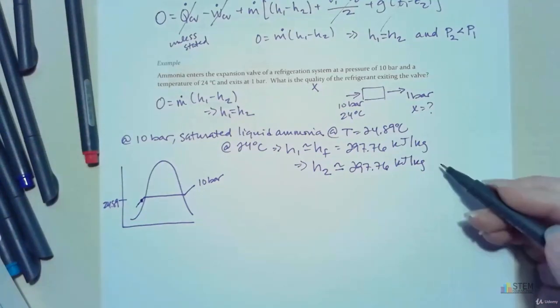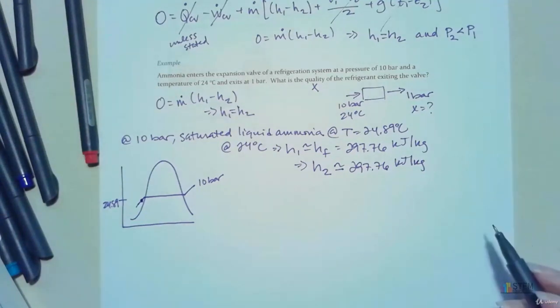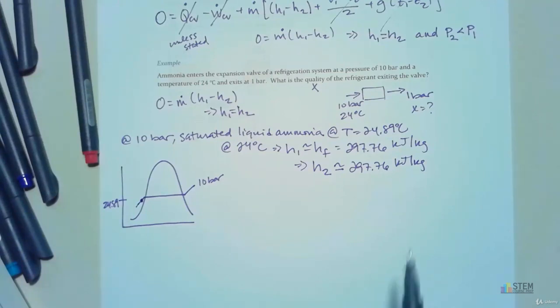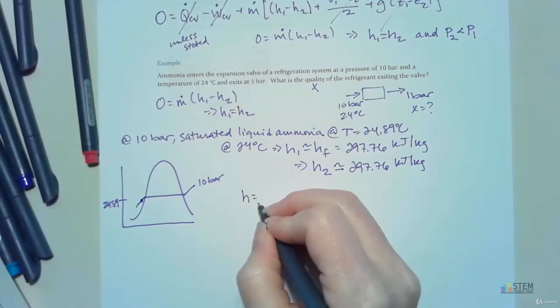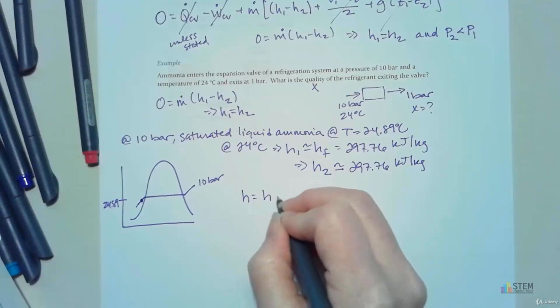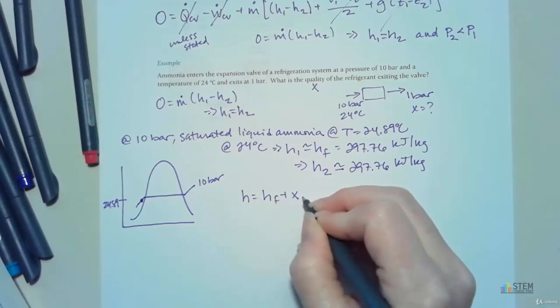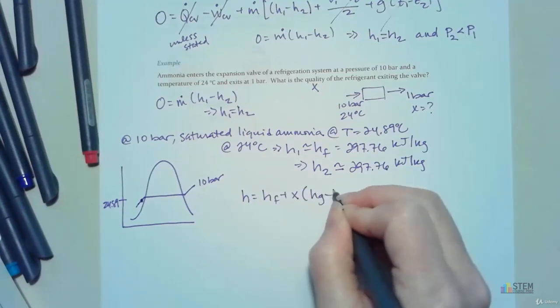Now we found both of our values from one table. All right. So now we have that. We're looking for quality. We don't have an equation for quality yet, right? But we can find one. We've got these enthalpy values. Remember, we have the relationship that says h equals hf plus x, which is quality, times hg minus hf.